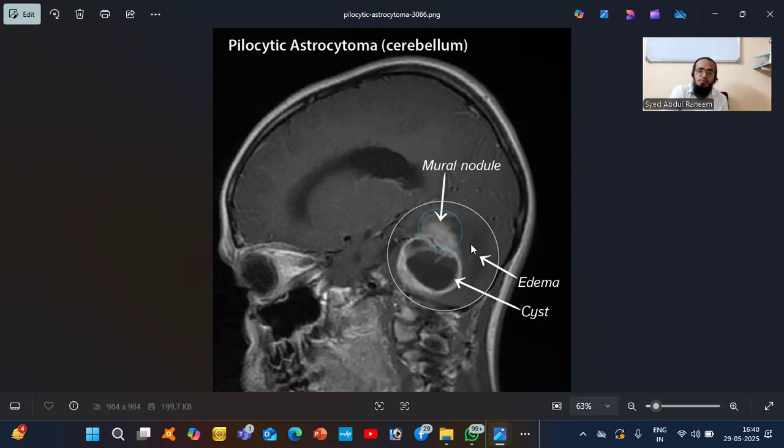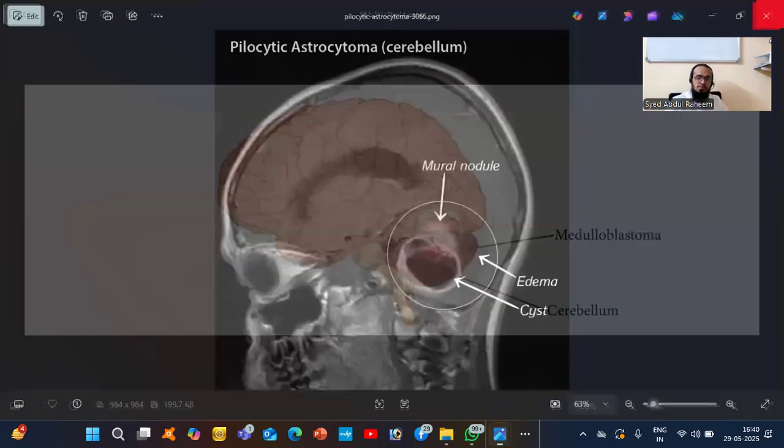You can see edema, cyst, and here nodule also present. So patient have difficulty in walking or balancing. Sometimes breathing issues. This is most common in age group of 5 to 10 or 5 to 15 years. So this is benign.